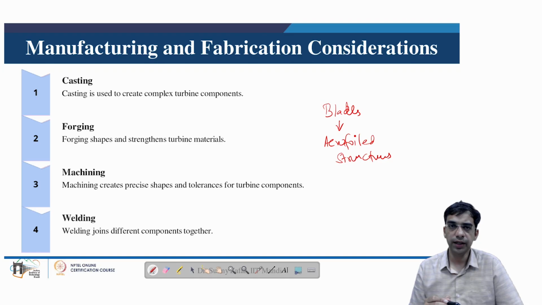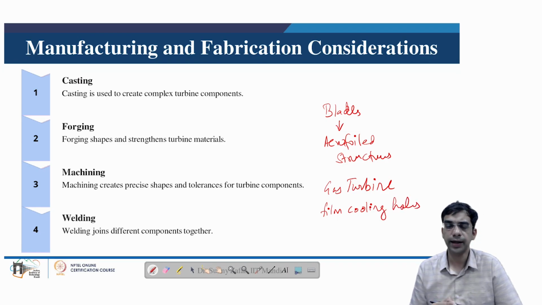So step number 3 involves machining processes in such turbines in order to create precise shapes or some type of forms. For example, in a gas turbine, we need to create some film cooling holes, because these film cooling holes help to enhance the surface area of the turbine blades, thereby providing maximum surface area for heat transfer.